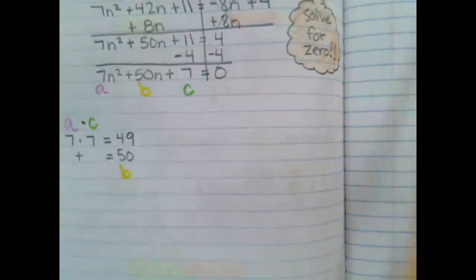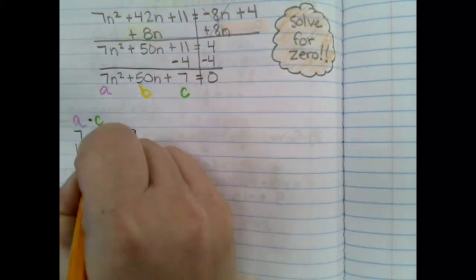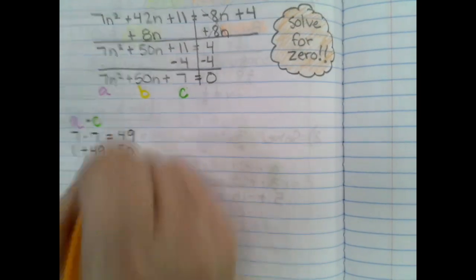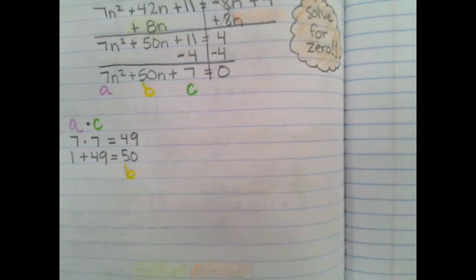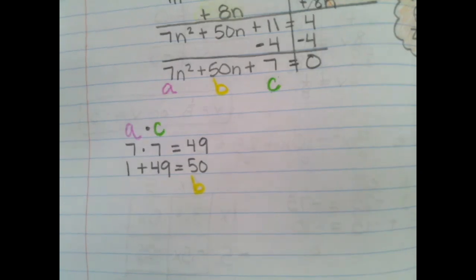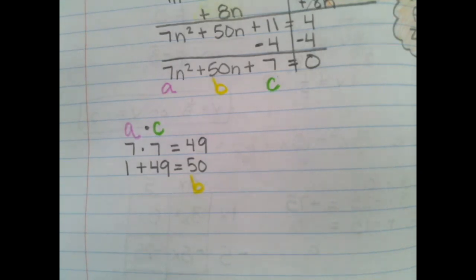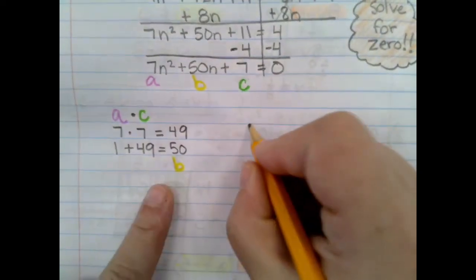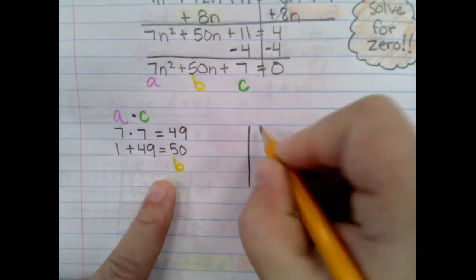Cool, not too hard on that one. Woo! We're getting there. What's our next step? The area model, good, or the box, however you want to call that.